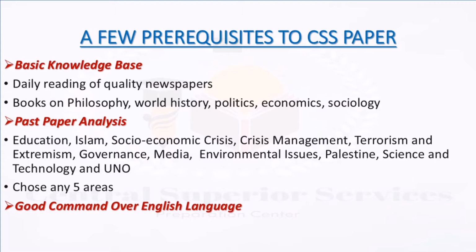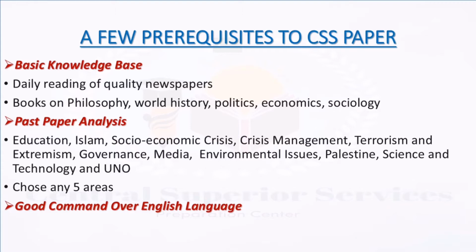The essay paper is divided into some core areas that are education, Islam, socio-economics, crisis management, terrorism and extremism, governance, media, environmental issues, Pakistan, science and technology, and the United Nations Organization. Choose any 5 areas to be on the safe side that you have a command over according to your educational background, interests and aptitude.